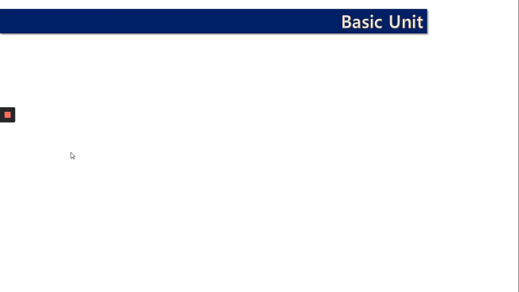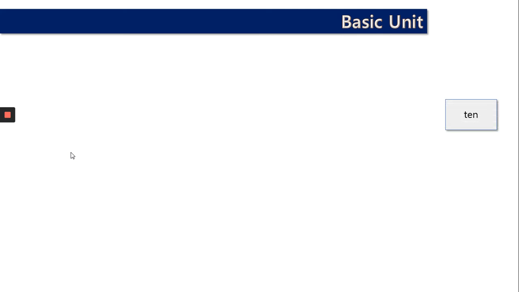Basic unit. Oh, this slide is also quite important. In this unit, the topic is how to say number in Korean, right? So you need to memorize from 1 to 10. Before you study this slide, you must memorize the numbers from 1 to 10. And let's talk about basic unit here.